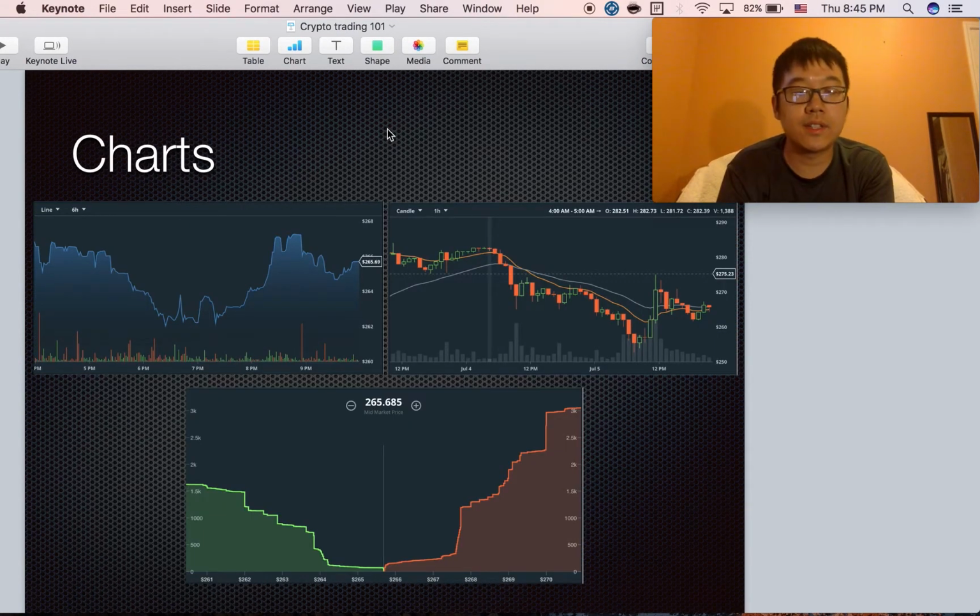Here are a few different charts available on GDAX, and you may find other ones or other versions on other exchanges, but these are pretty typical ones. A line chart showing historical price, candle charts which show highest bid versus ask price for a given time interval, and the depth chart that shows the amount of coins bid or asked for at various prices.